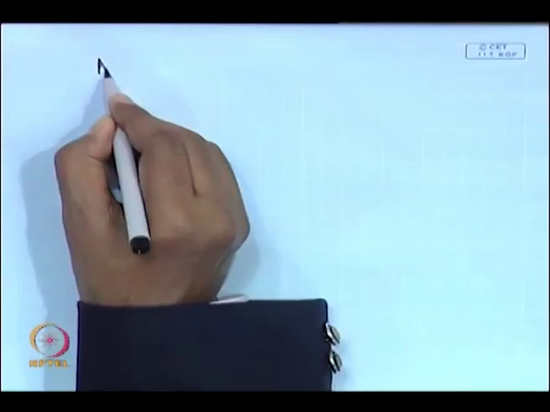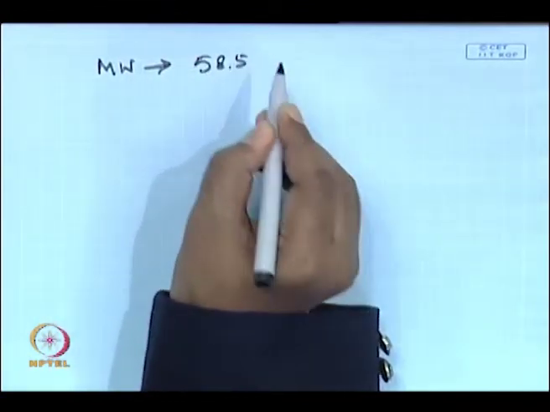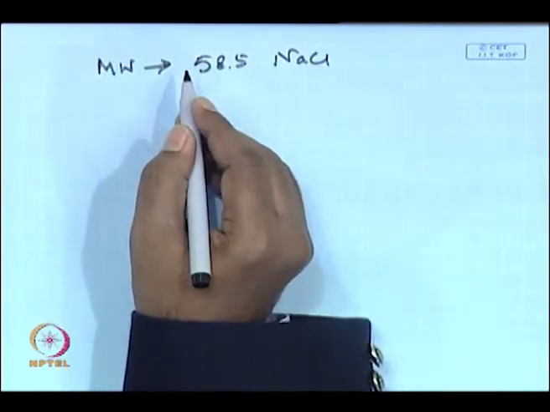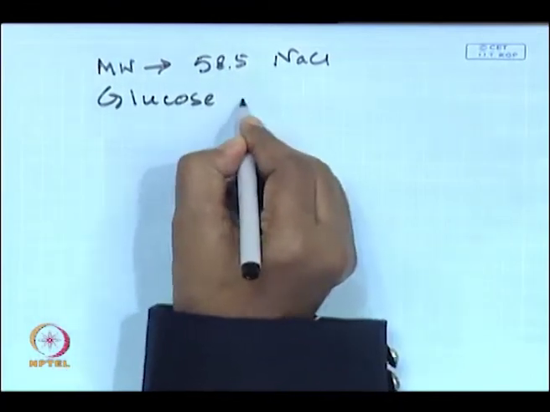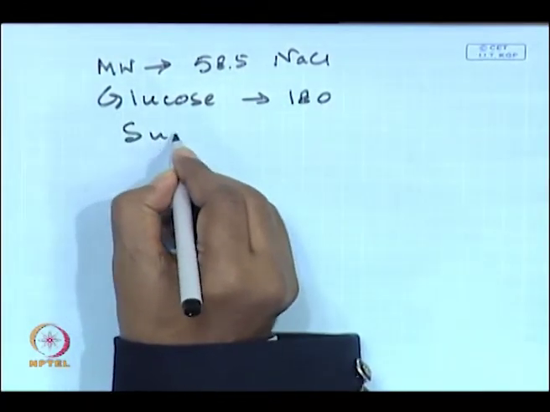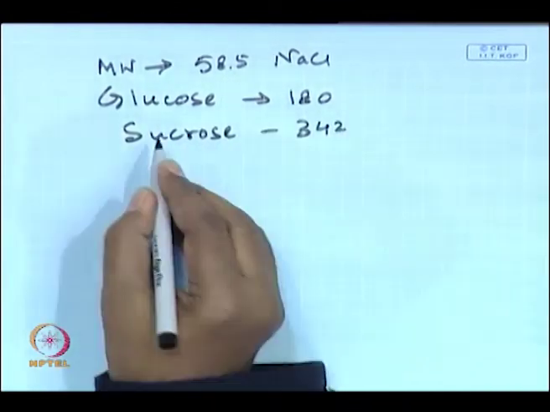First molecular weight I will take is 58.5, that is sodium chloride. Next, let us say glucose, with a molecular weight around 180. Sucrose has a molecular weight of 342.